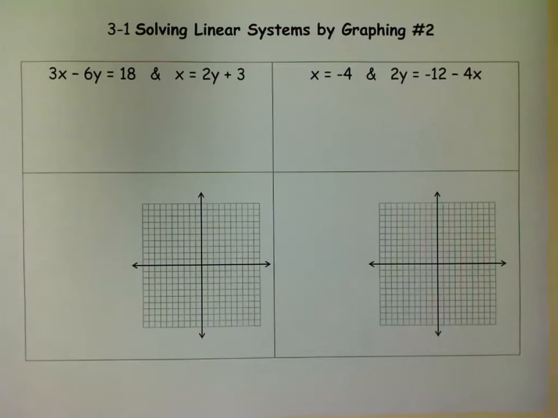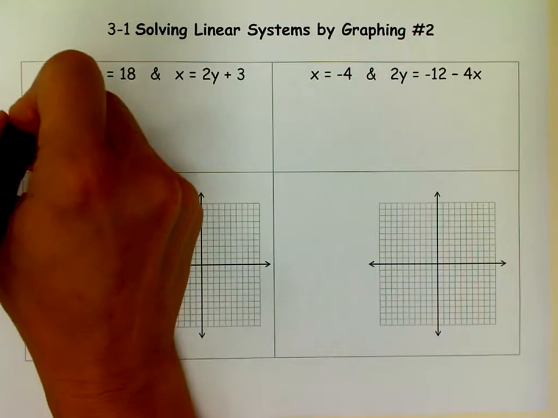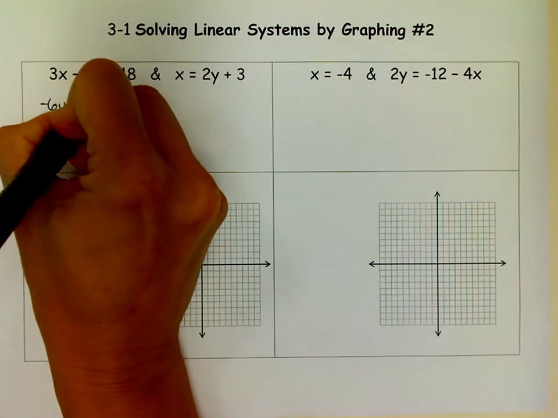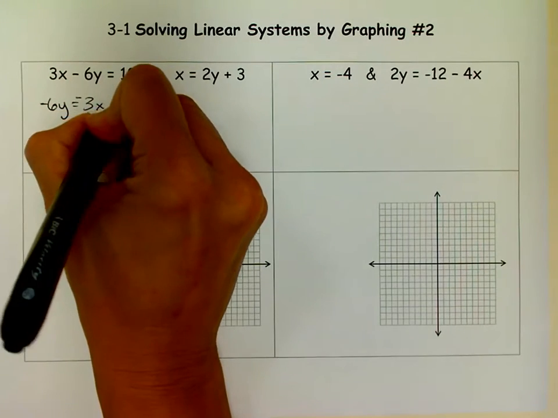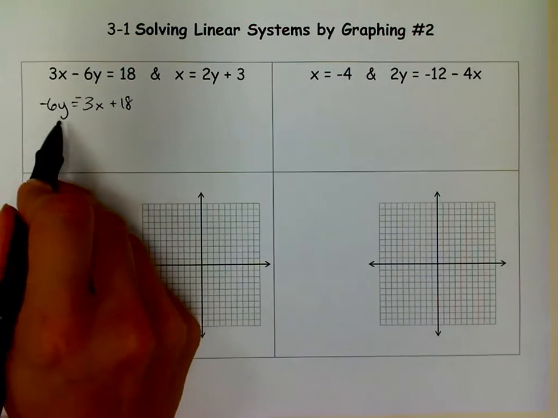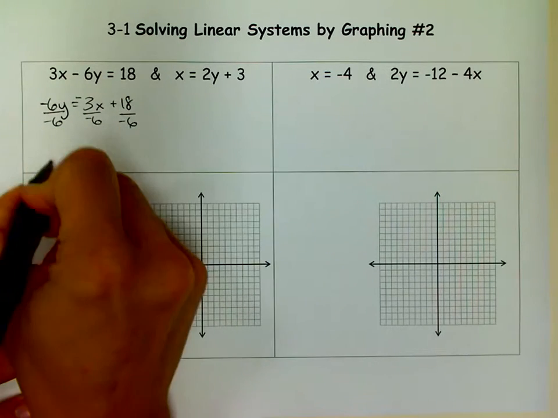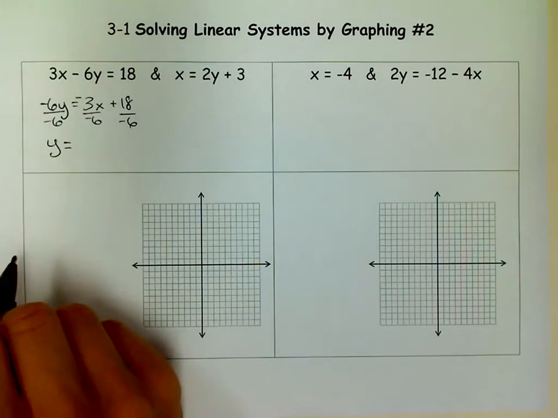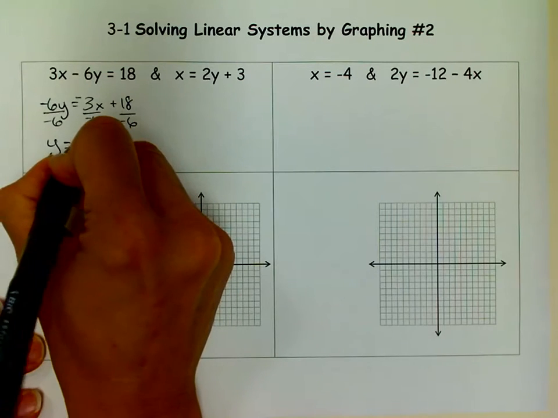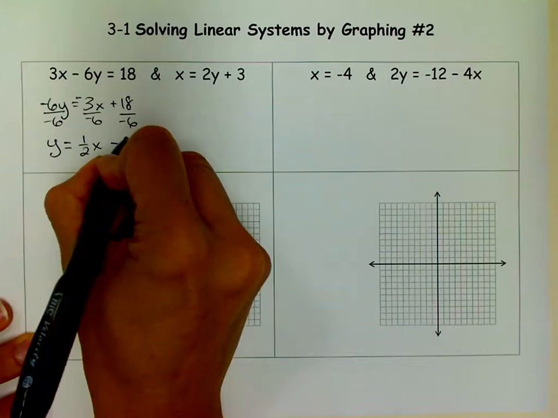The easiest way to graph a line is to get it in slope-intercept form, so that's what I'm going to do first. I'm going to take this equation right here, move 3x to the other side, and when I do that, then I need to get y alone by dividing by -6. So my slope-intercept form of this equation is, the two negatives here cancel, 1/2 x minus 3.